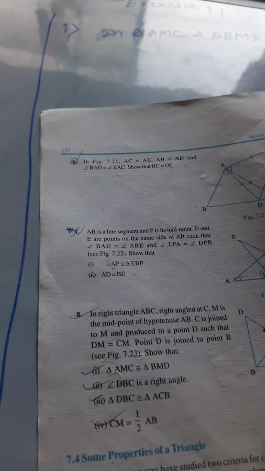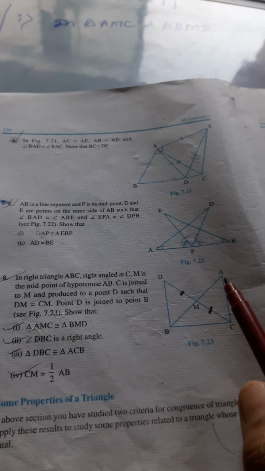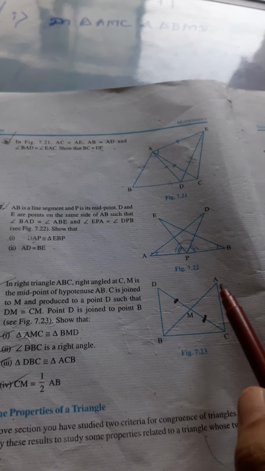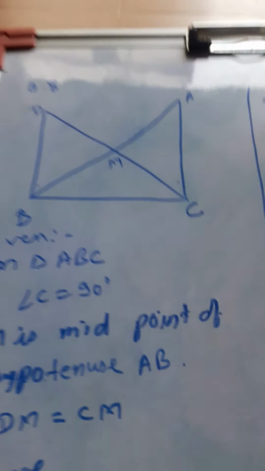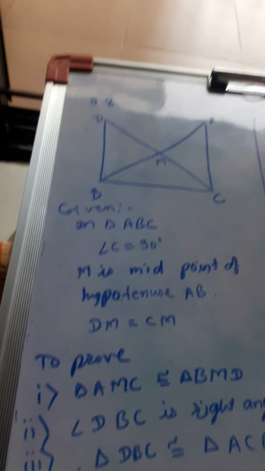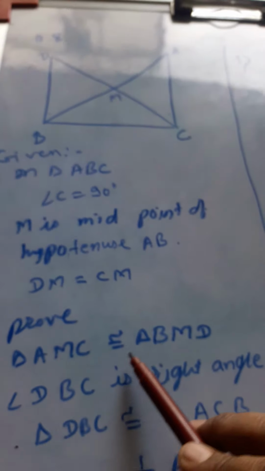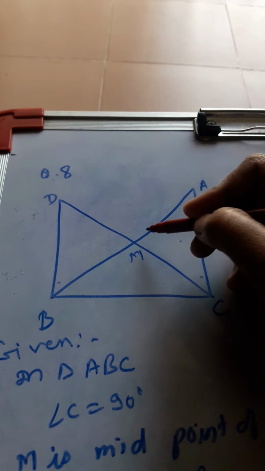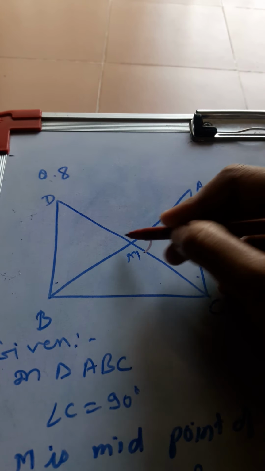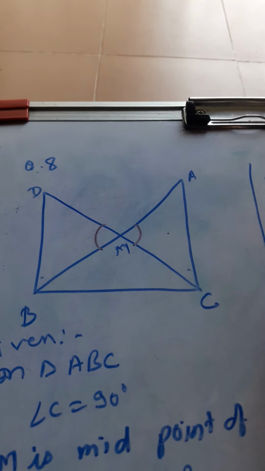Now we have to show that triangle AMC is congruent to triangle BMD. First, we prove AMC is congruent to BMD. In this, the vertically opposite angles are equal. Another pair is already given: MC and DM are equal.